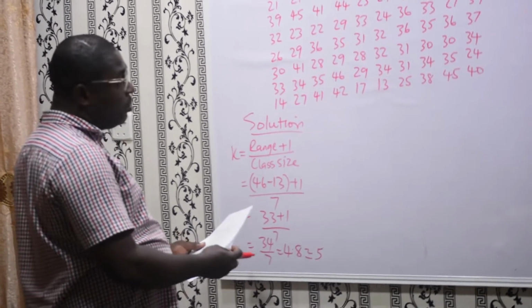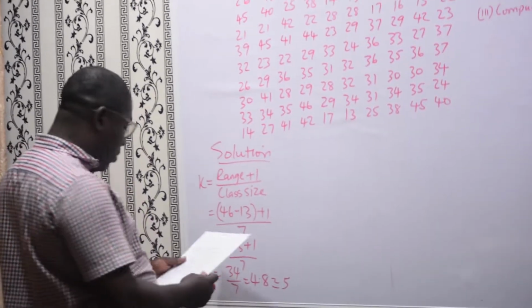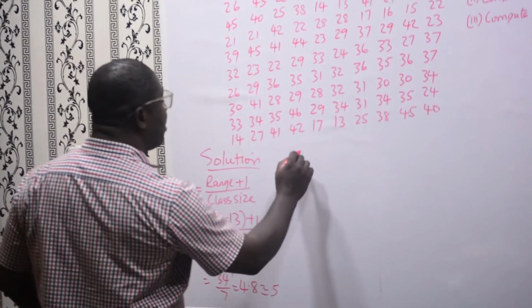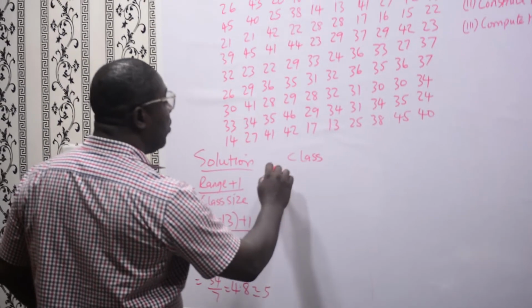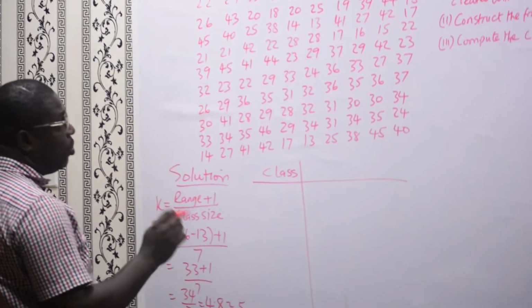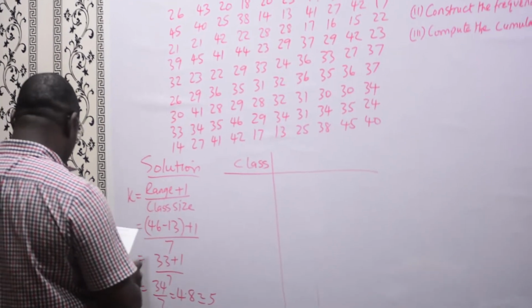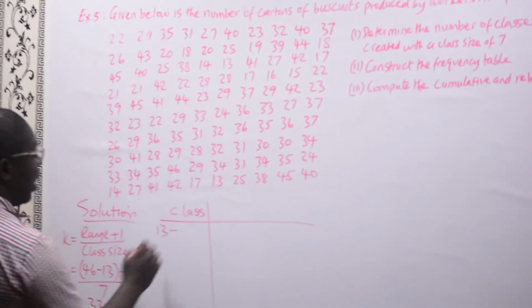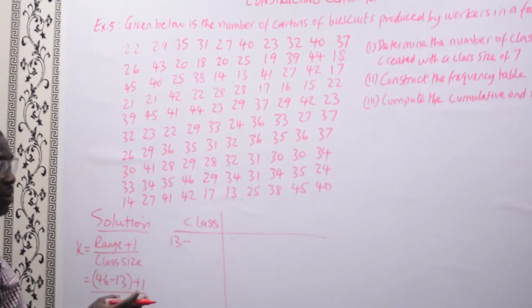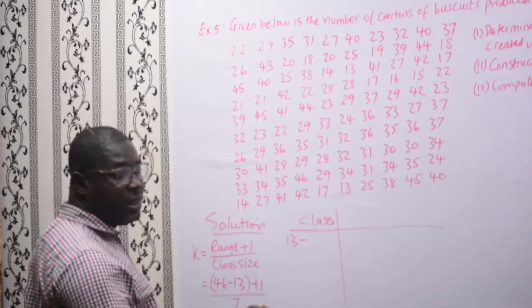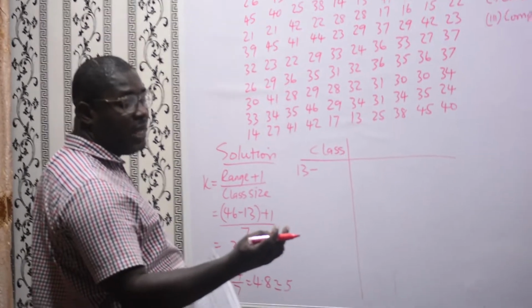So now let's do our frequency table. The frequency table will give us the class, and we'll start from the lowest value. The lowest value, according to our solution here, is 13, and the class size is 7. So we're going to count. You can count with me: 13, 14, 15, 16, 17, 18, 19.